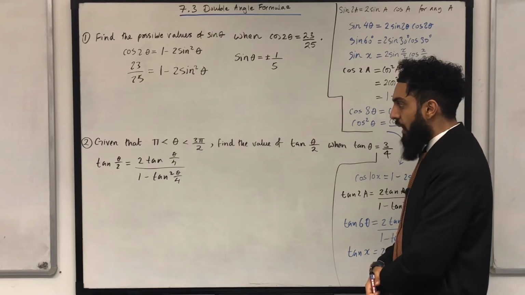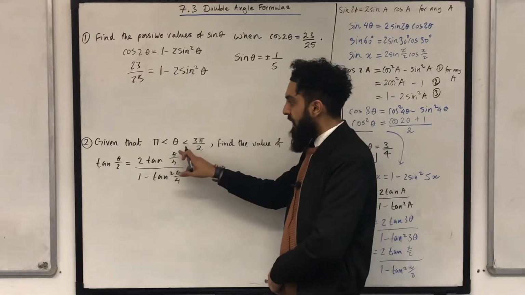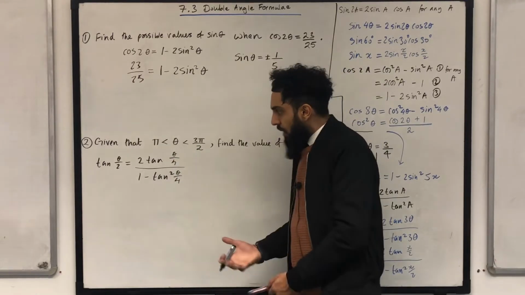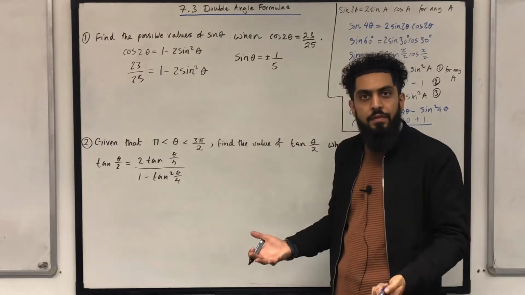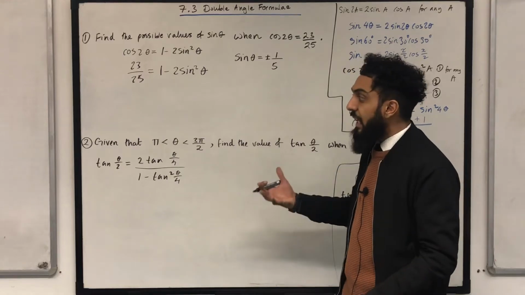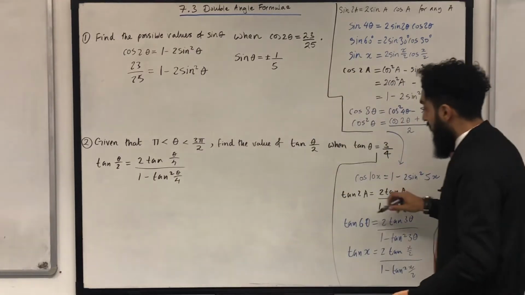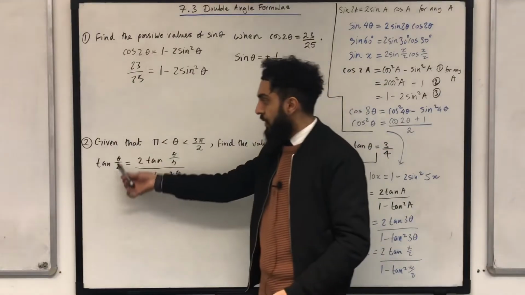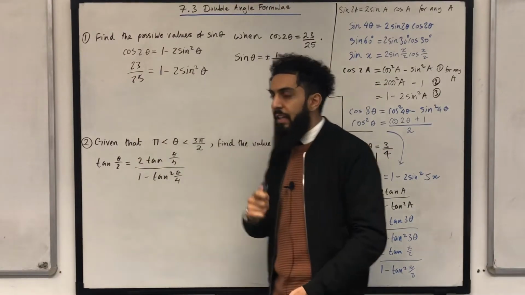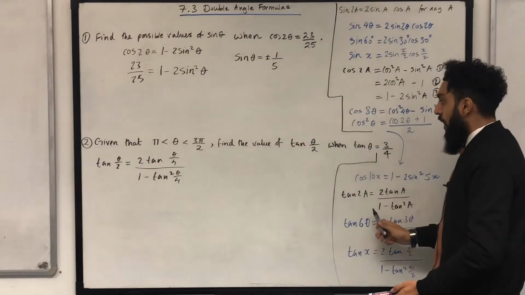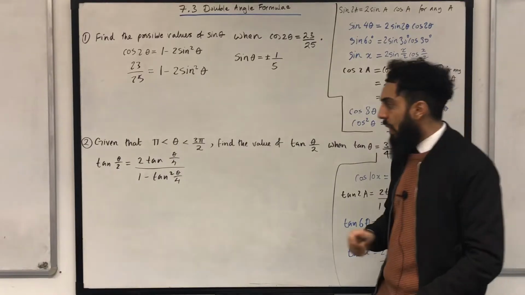That's my target, but I don't know the value of tan theta over 4. So I can't really work out the value of tan theta over 2. So I shouldn't really apply the double angle formula for tan on tan theta over 2. Perhaps I need to apply the double angle formula for tan on tan theta. Let's have a look what happens.